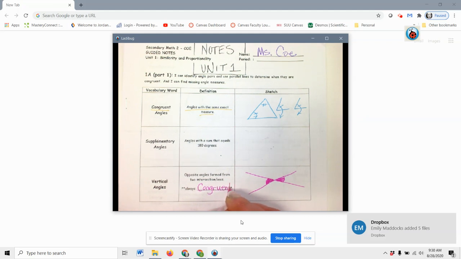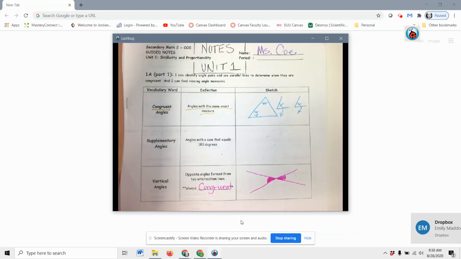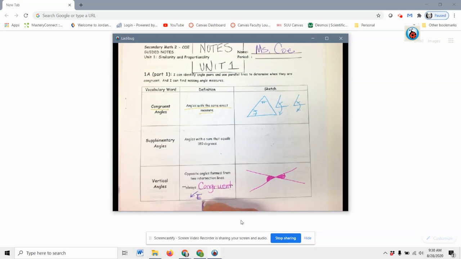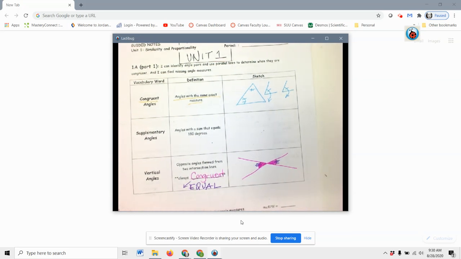Congruent, again, means equal. Another word for congruent is equal. The measure of this angle exactly matches the measure of that angle. And we might put some kind of a mark like this showing that those two angles are congruent.